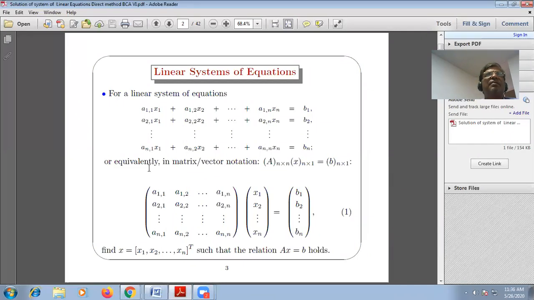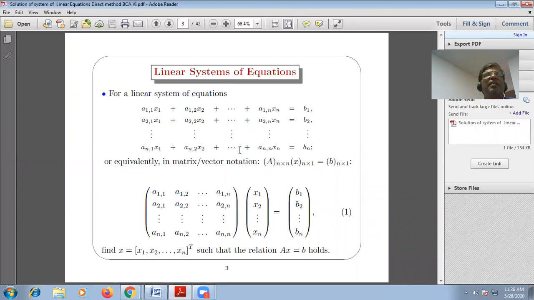Students, firstly try to understand what linear system of equations are. For a linear system of equations, see here, A11 x1, A12 x2. These are linear equations because no variable is bearing any power.